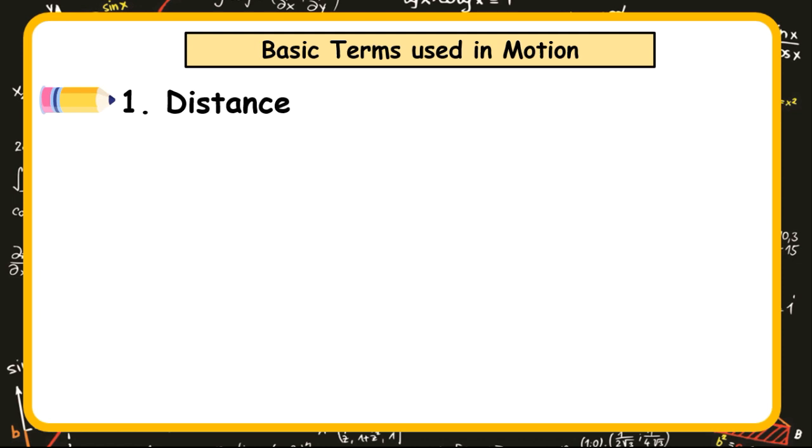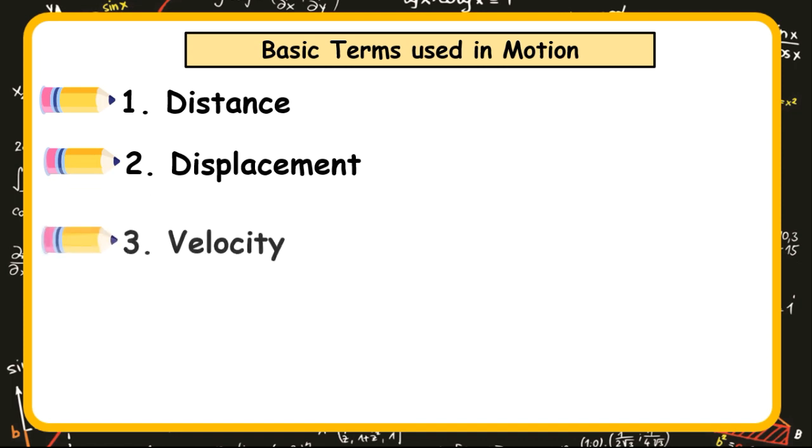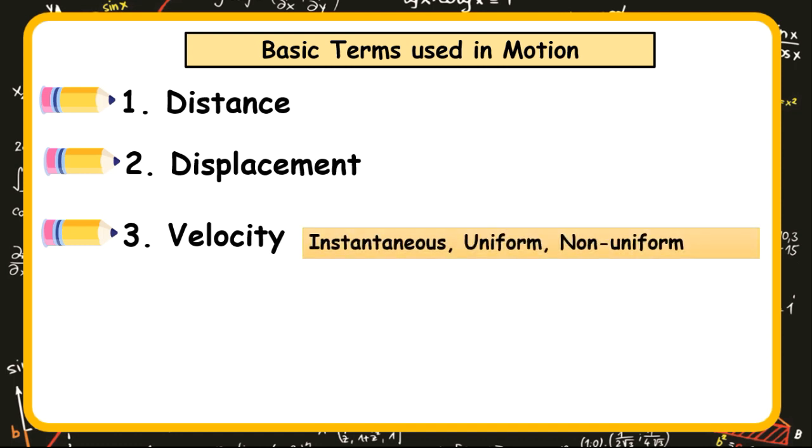And we will look at these terms. The first is distance, second, displacement, third, velocity. And with velocity, there are some qualifiers like instantaneous velocity, uniform velocity, non-uniform velocity, and of course, average velocity.